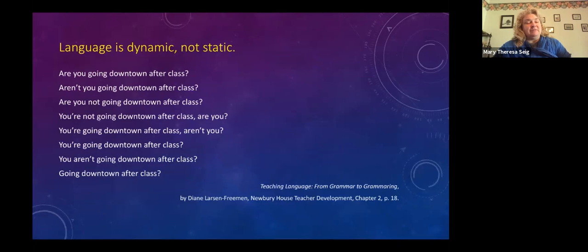You're going downtown after class. You're going downtown after class? Going downtown after class? All of these are possible ways to ask the same question, but they are slightly nuanced differences in the way that the question is asked. And therefore, we have to think about grammar, we have to think about language as dynamic and not static.